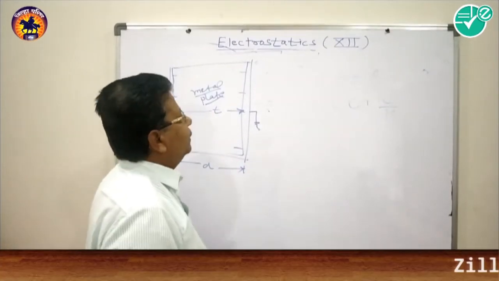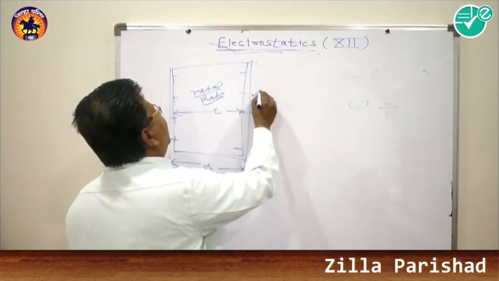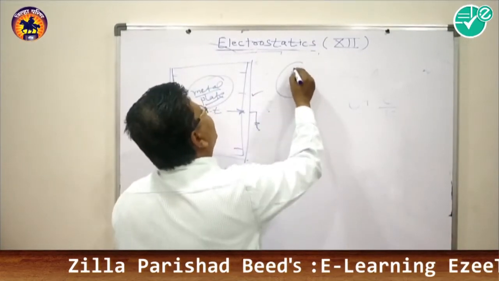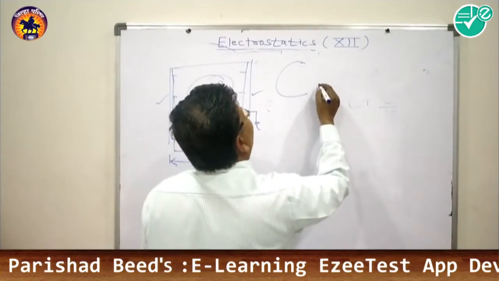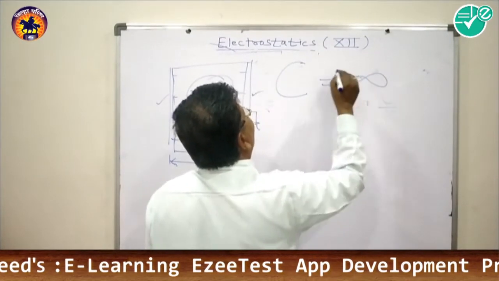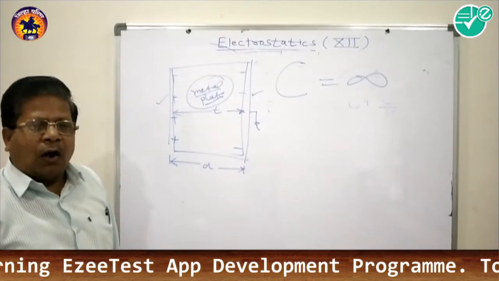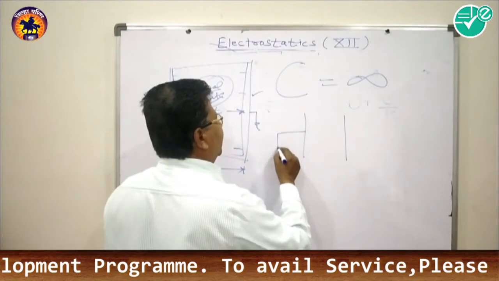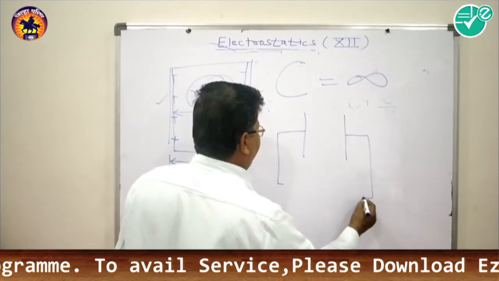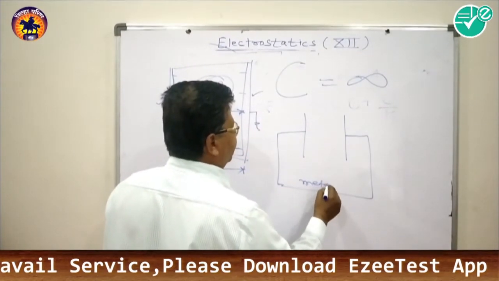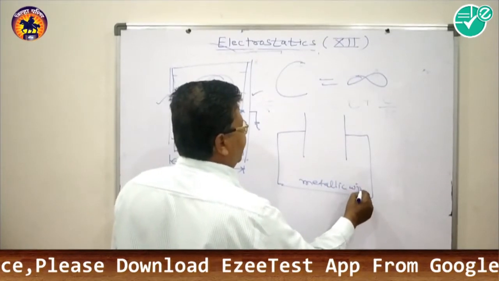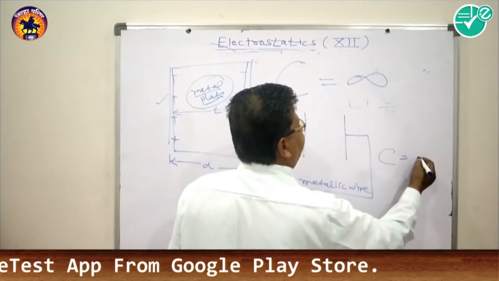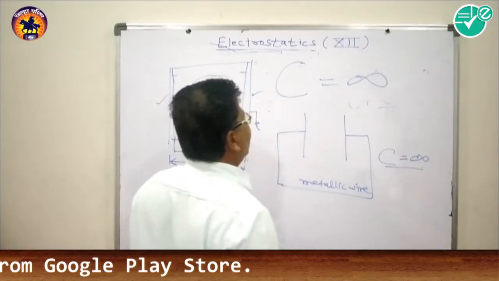In this case, as the plates of the capacitor are filled with the metal plate, the capacitance of this capacitor will become infinite. Or when the plates of the capacitor are connected with a metallic wire, then also the capacity of this parallel plate capacitor is infinite.